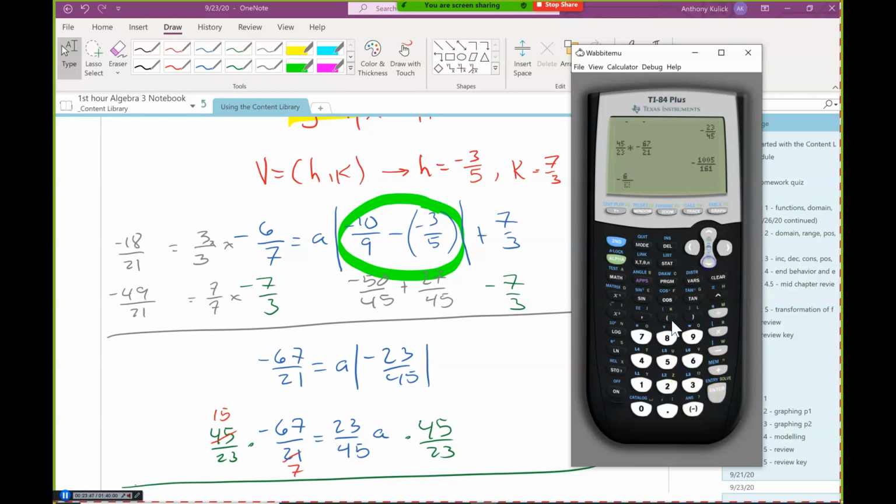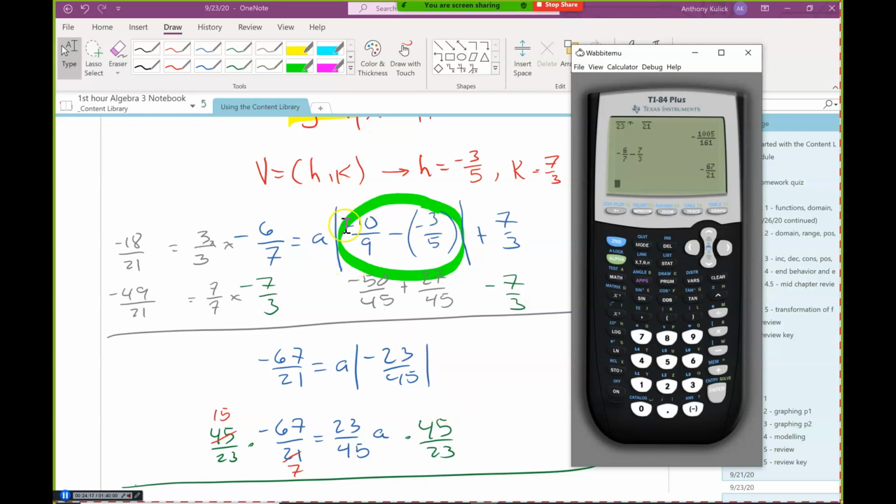And now I can just type in 6/7 exactly as it looks like on my paper. And I'll do minus, and I'll press alpha y equals, and I'll choose that same option, and then I'll do 7/3. And I'll press enter, and the calculator returns for me another fraction, which is lovely, right?